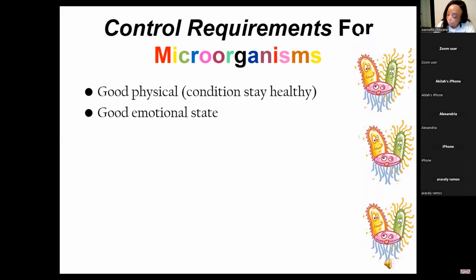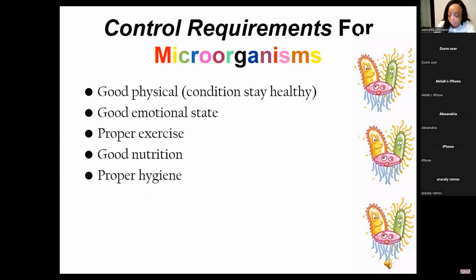So a good emotional state does help in controlling the requirements for microorganisms to attach, live and grow, as well as having proper exercise, even if it's just half an hour a day or every other day. Proper exercise is good control, as well as good nutrition. Again, that goes back to the eating.